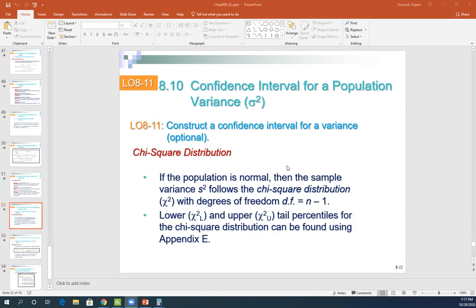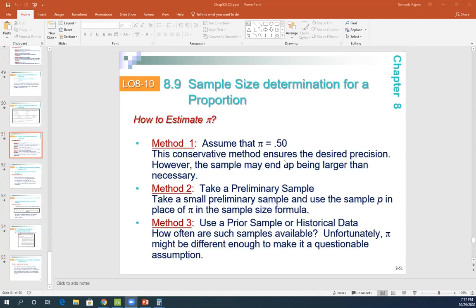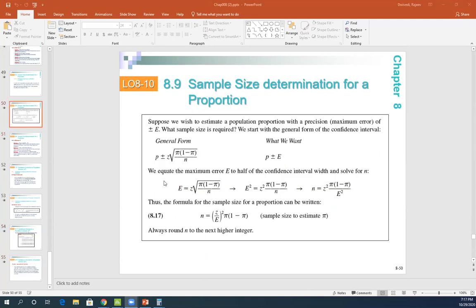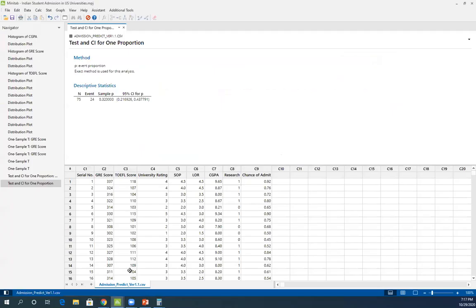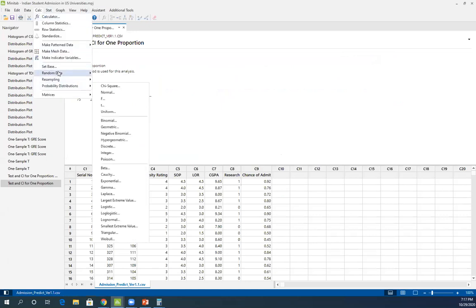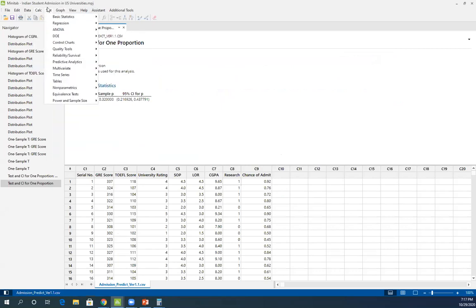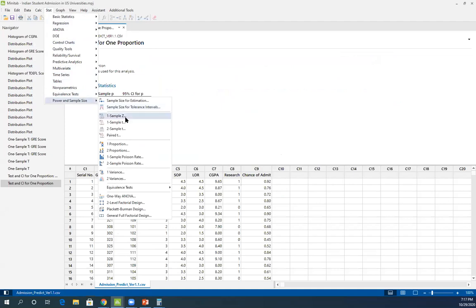And so, this is about sample size. How do we calculate it? So here we go. Under this, we have the option under Power and Sample Size.